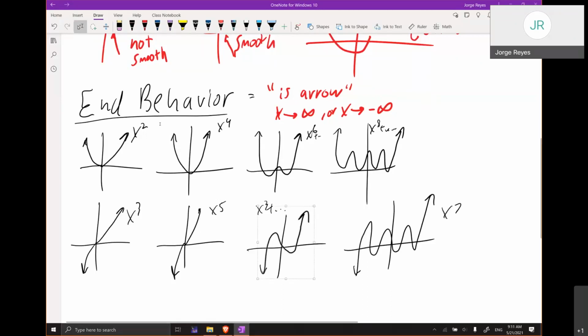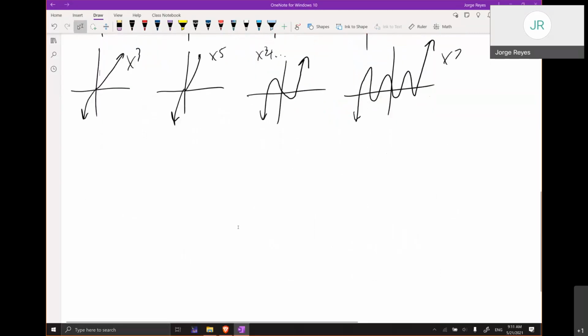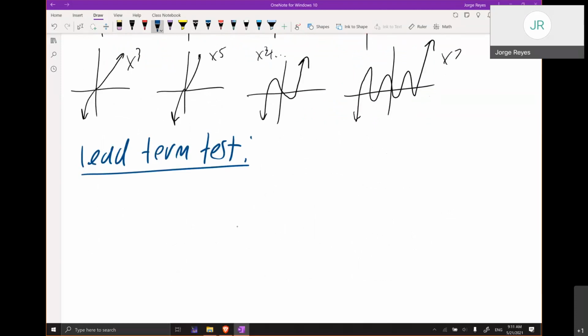If your degree, if the leading term is even, you're going to look like a U or a W. But if your leading term is odd, you're going to look like sort of the cubic function, or some kind of n thingy. Okay. And so this pattern holds up, and it's actually called the leading term test. Okay. So the leading term test is what tells you end behavior.